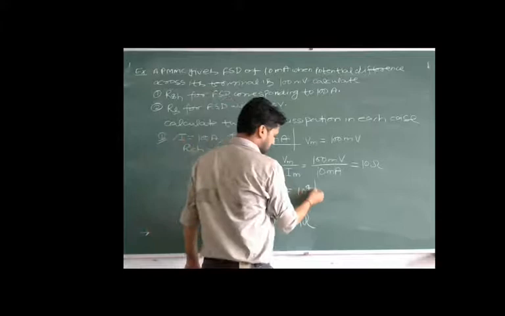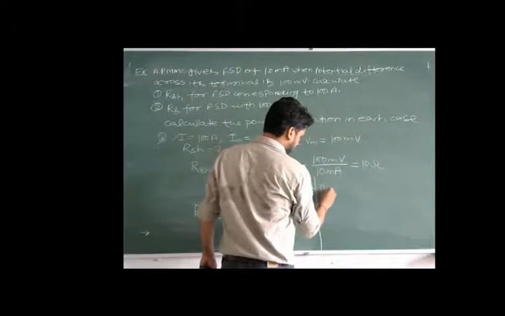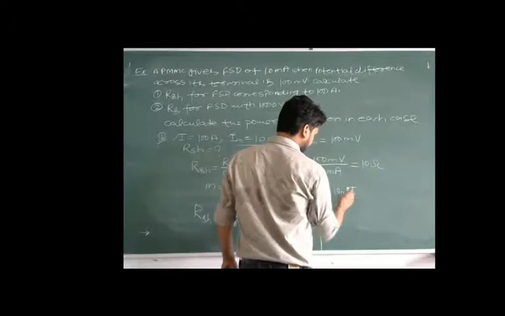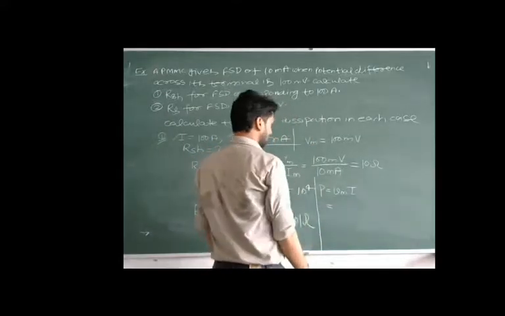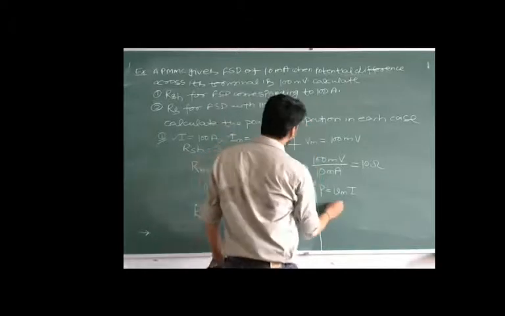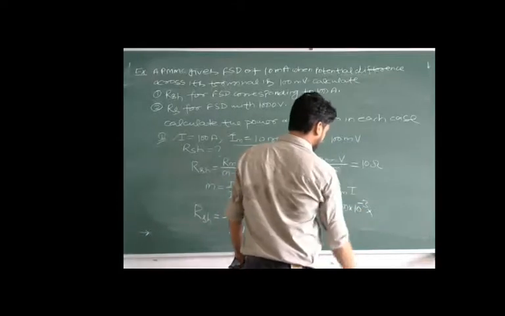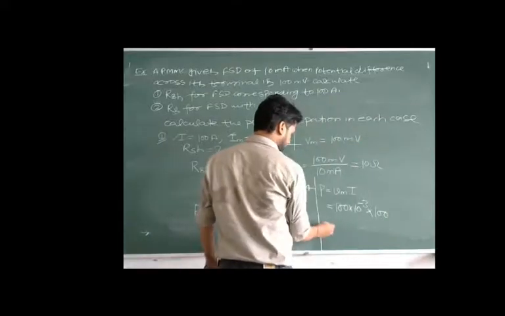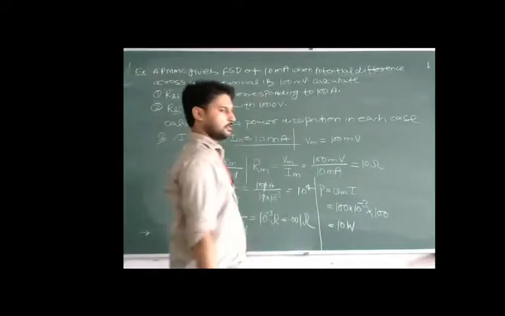So the power dissipation we will write as power is equal to Vm into I. The value of Vm is 100 millivolt, meaning 100 into 10 power minus 3, and the current is 100 ampere. This will give a power consumption of 10 watt.